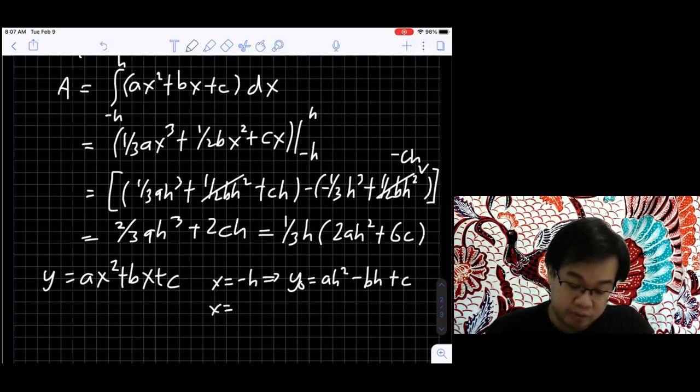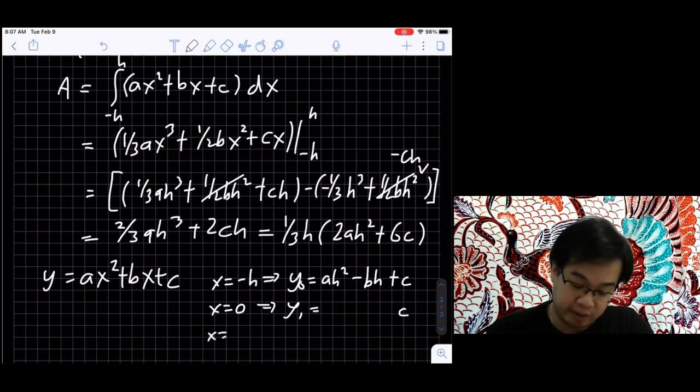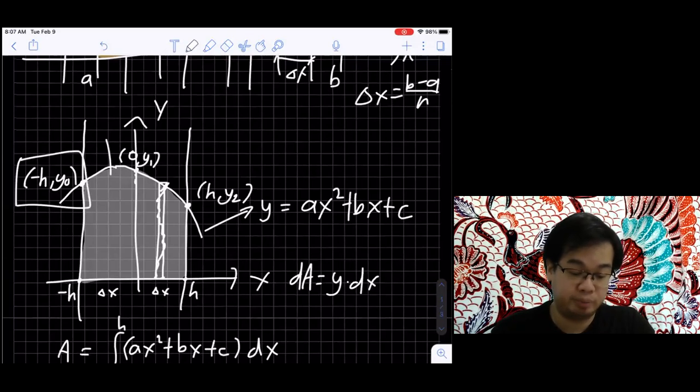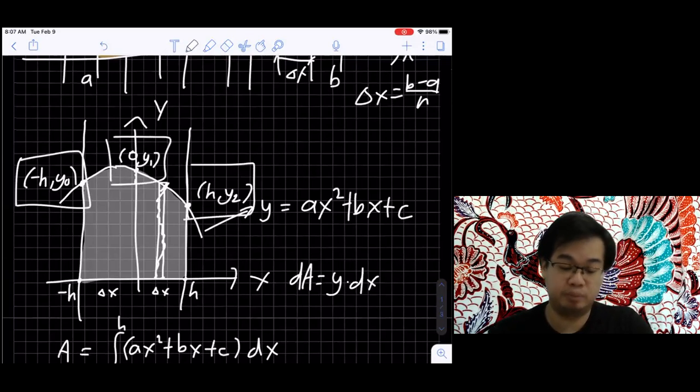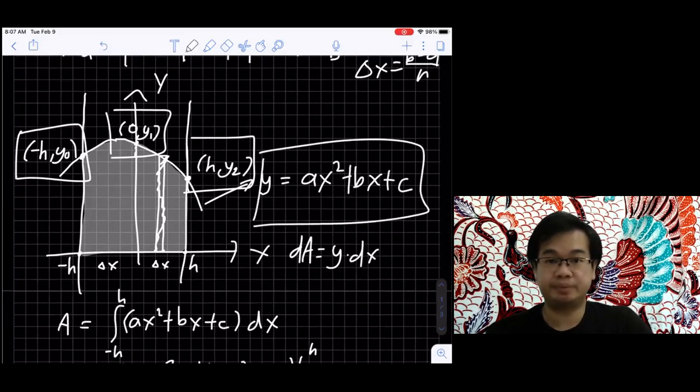If x equals 0, then y1 equals c. And if x equals h, then y2 equals ah squared plus bh plus c. Because of these 3 points, we basically substitute the coordinates into the general equation.